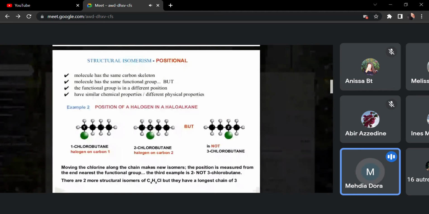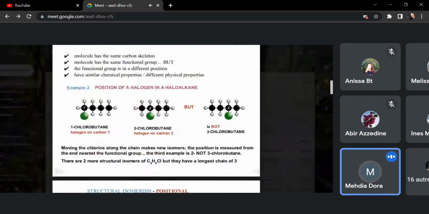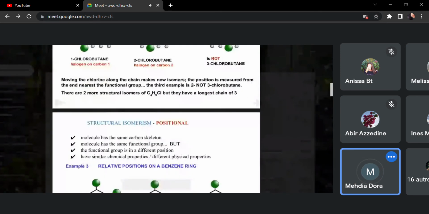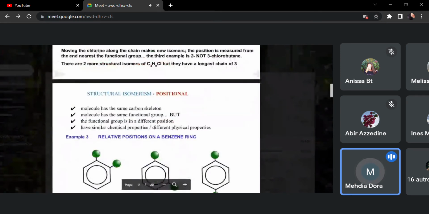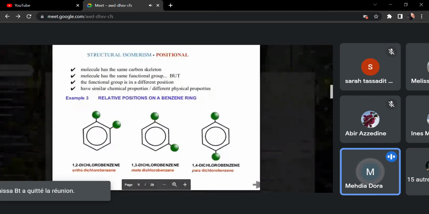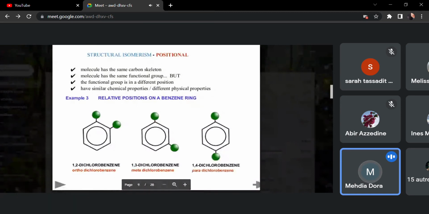The other one we are going to see is about functional groups. The 9th example, please. Yes. So this is structural isomerism about position; this is another example I forgot about. It's about dichlorobenzene. You have two chlorine atoms in different positions. I guess we've done this in the core course of organic chemistry.